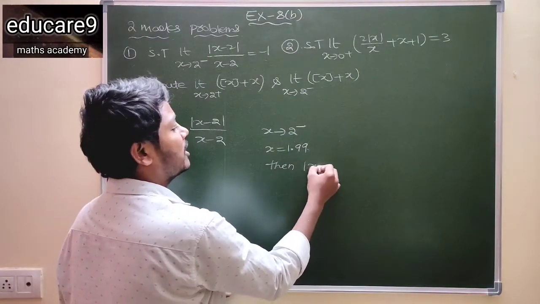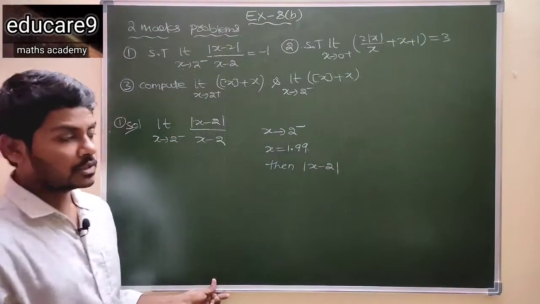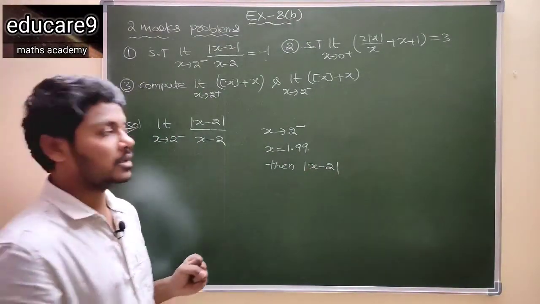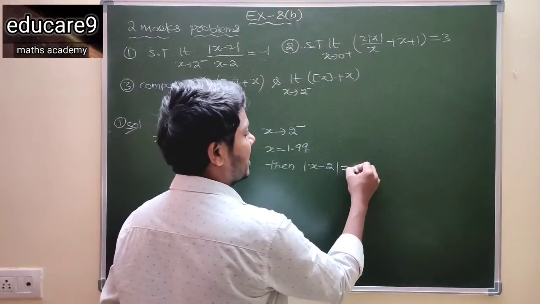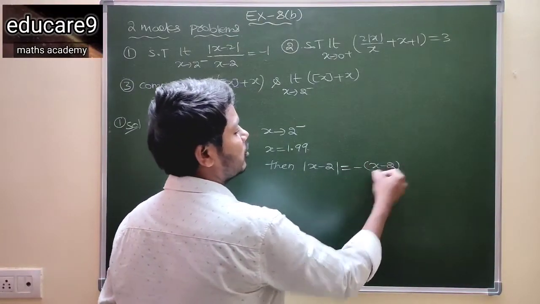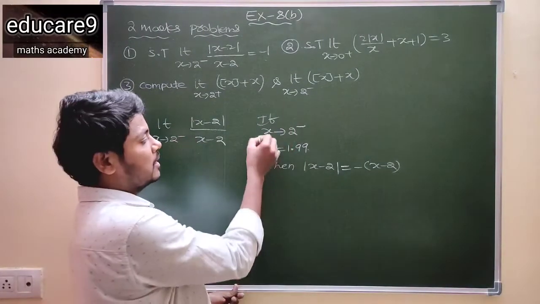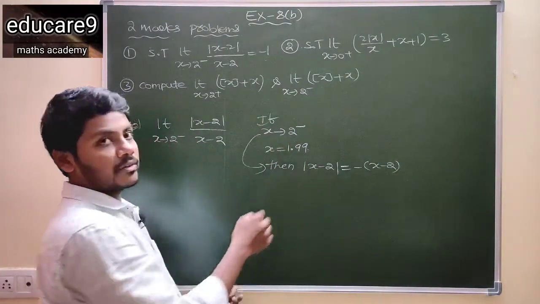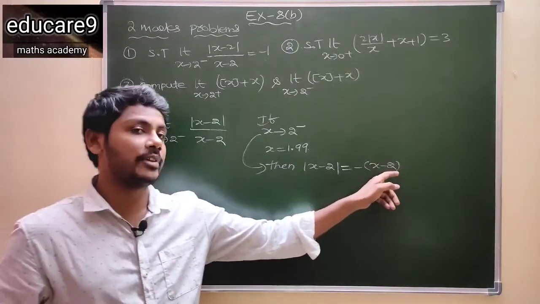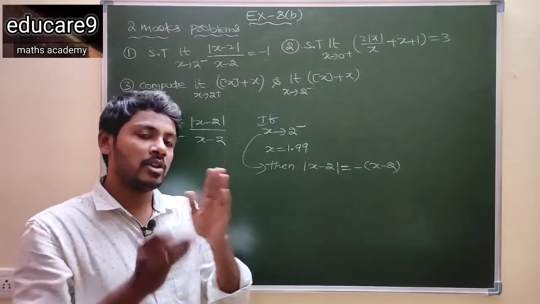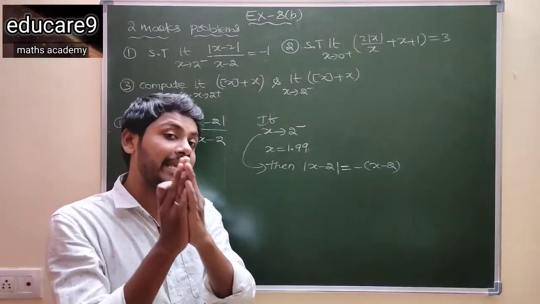Then what is the mod of x minus 2 value? See here, 1.99 minus 2, we will get a negative value. So this is minus of x minus 2. If x tends to 2 minus, then modulus of x minus 2 is what? Minus of x minus 2. Because if you substitute x equals 1.99, then 1.99 minus 2, you will get a negative value.